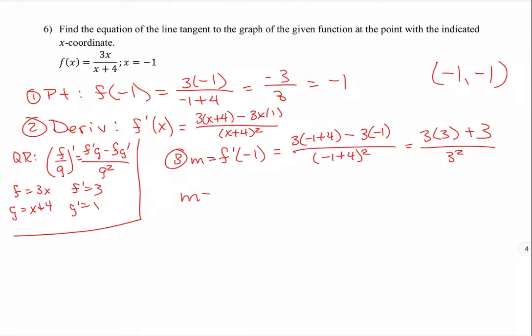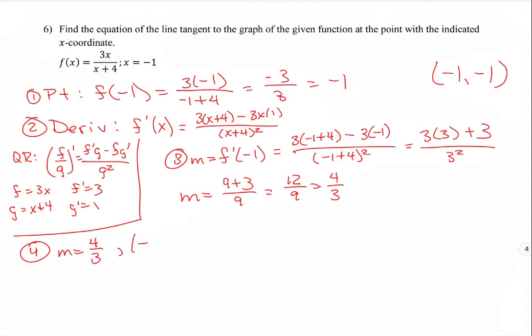So m equals 3 times 3 is 9, 9 plus 3 over 9. 9 plus 3 is 12 over 9, which equals 4/3. So I have m equals 4/3.